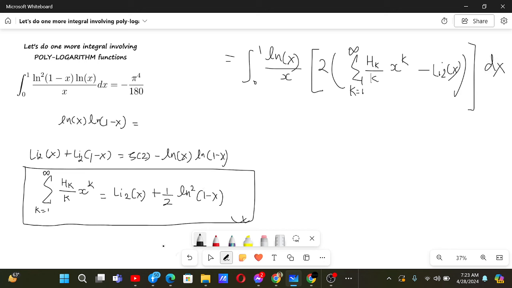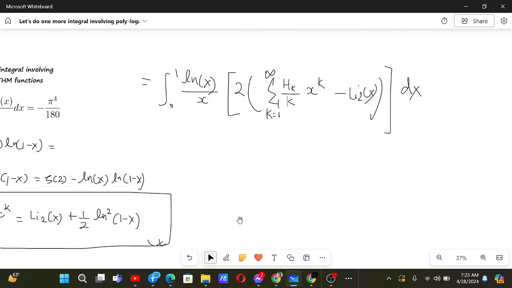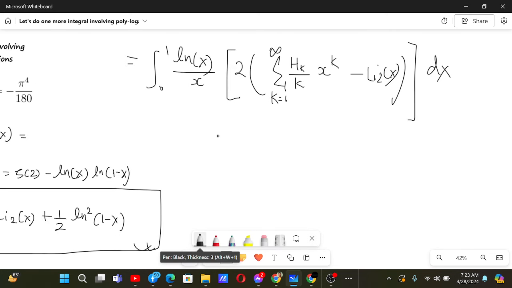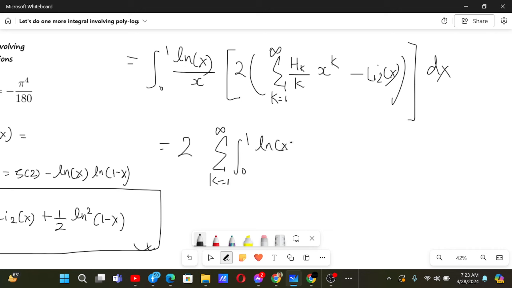Now integrating this thing will not be too hard. Let's see how. We have 2 times the sum from k equals 1 to infinity of the integral from 0 to 1 of ln x by x times H_k by k x to the power k.